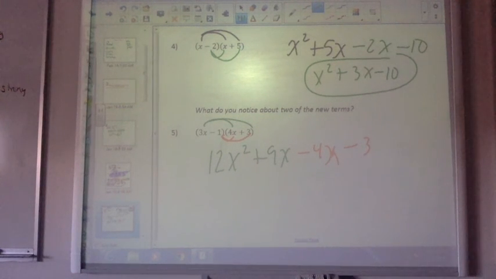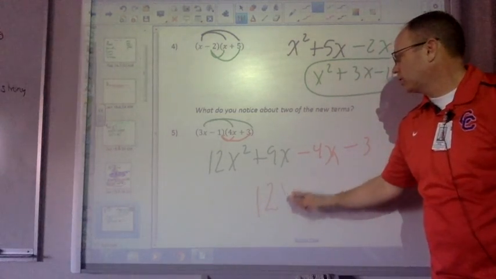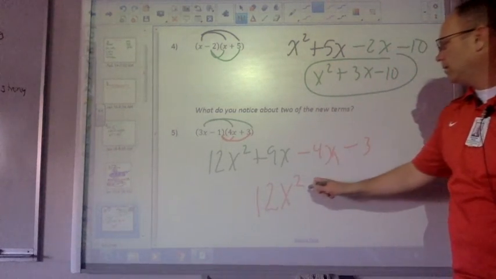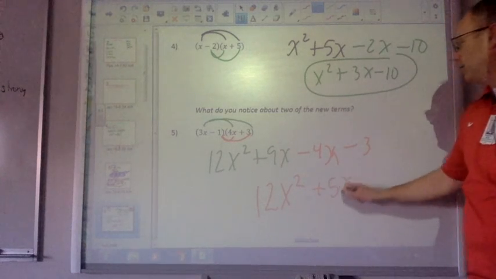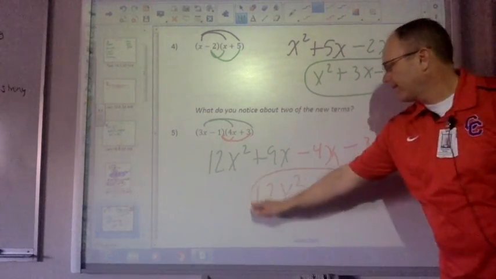Do we agree? So 3x times 4x is 12x to the 4th. 3x times 3 is 9x. Negative 1 times 4x is negative 4x. Negative 1 times positive 3 is negative 3. Combine like terms, so 12x squared plus 5x minus 3.